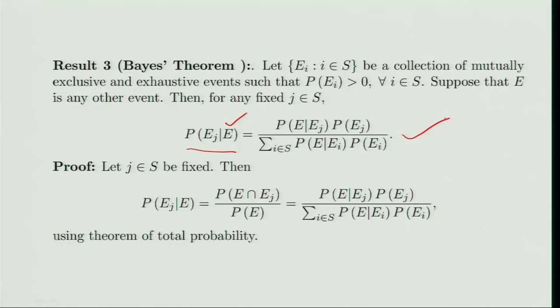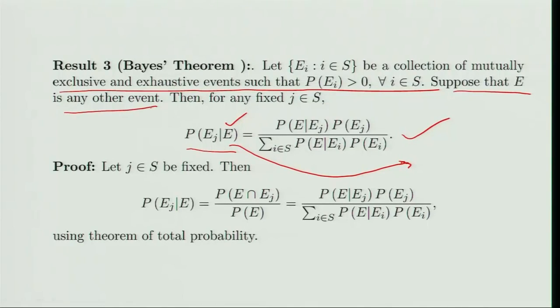The proof is straightforward. Proof follows from the theorem of total probability. So it says that Ei belonging to S be a collection of mutually exclusive and exhaustive events, the same assumption as in the theorem of total probability. Then for any event E, probability of Ej given E turns out to be this quantity. Let us see what the probability of Ej given E is.